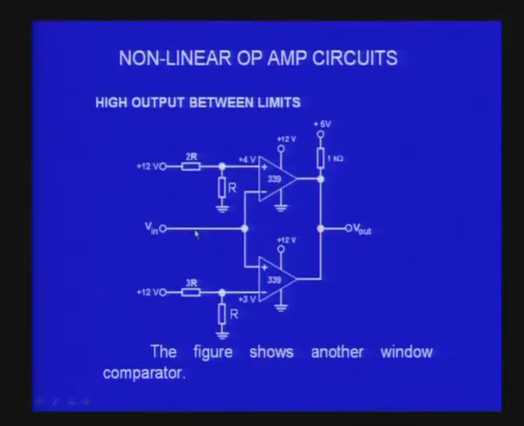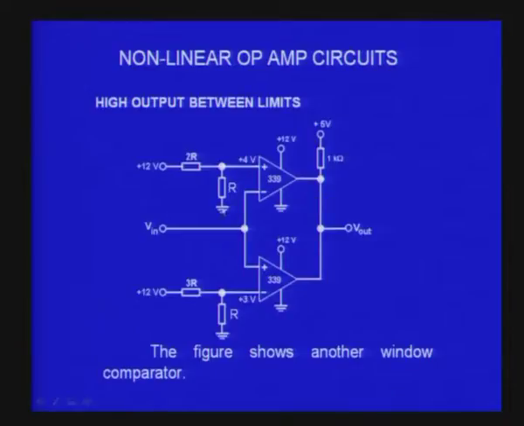Now, for voltages which are between 3 volts and 4 volts, let us say 3.5 volts. If you look at the first op amp, this is 3.5 volts, 4 volts is more. So this will become plus on this side, but on this side 3.5 volts is more, so this also will become plus. Therefore both the transistors will not conduct, both will be off, and therefore you will get the same 5 volts at the output.